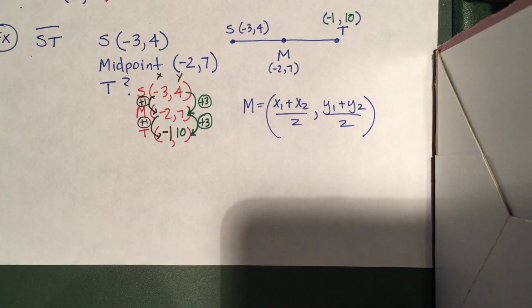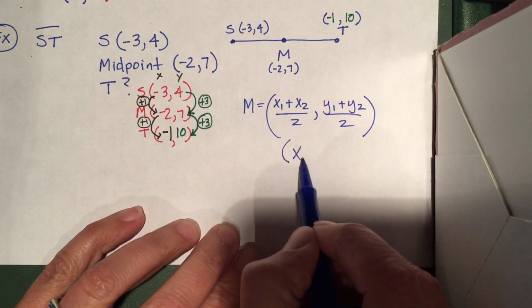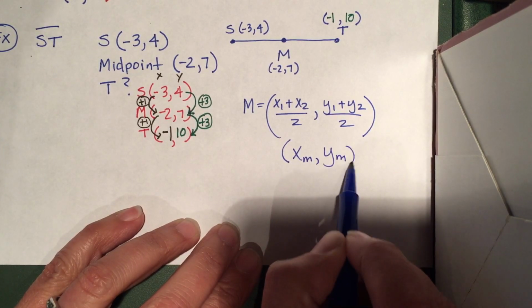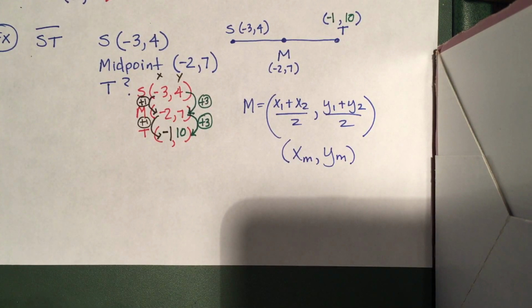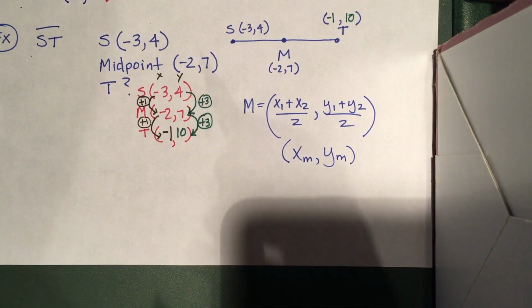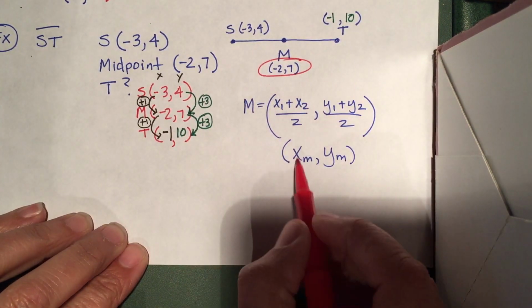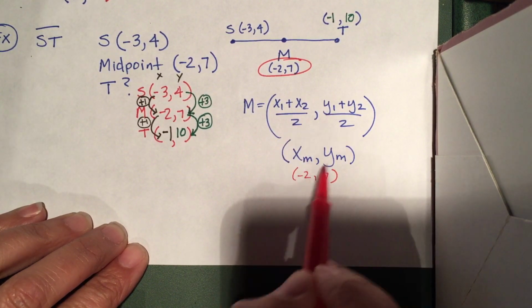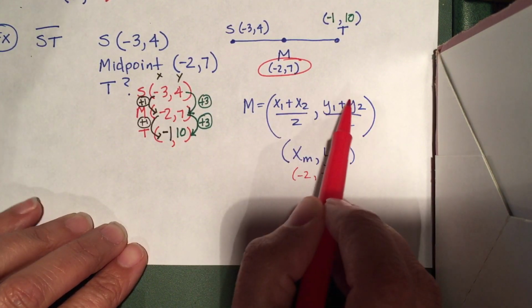So this will actually give me the x-coordinate of the midpoint and the y-coordinate of the midpoint. Well, what do I already know the coordinates of the midpoint are? I already know my midpoint's at -2, 7. So I already know what the end result is going to be when I do my two averages.